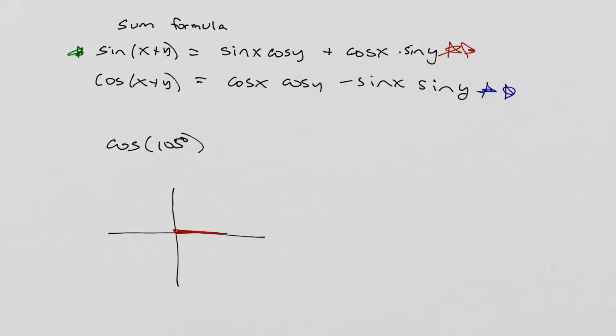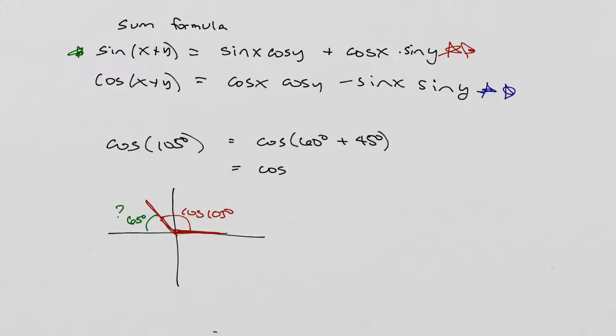There's 105 degrees right there, which means the reference angle right here is 65 degrees. So this process really isn't going to work for us at all, which is why this formula can be kind of handy. Because I could write this as cosine of 60 degrees plus 45 degrees.